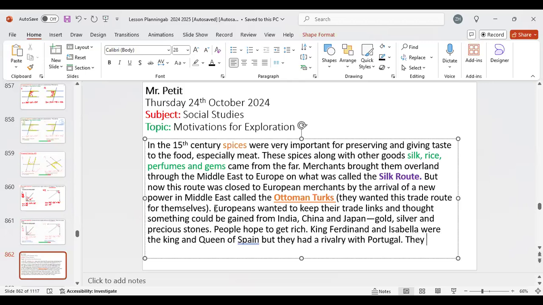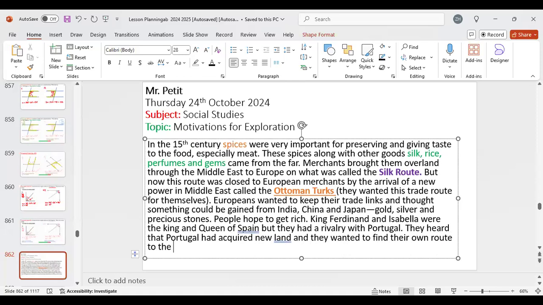They heard that Portugal had acquired new land or new territory, and they wanted to find their own route to the East.